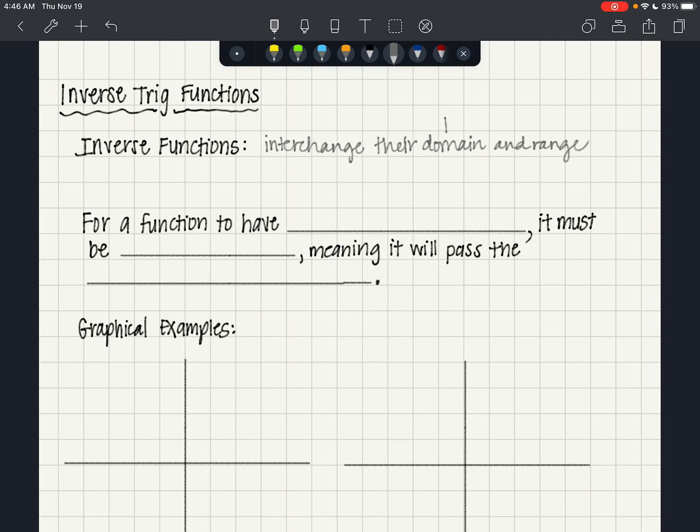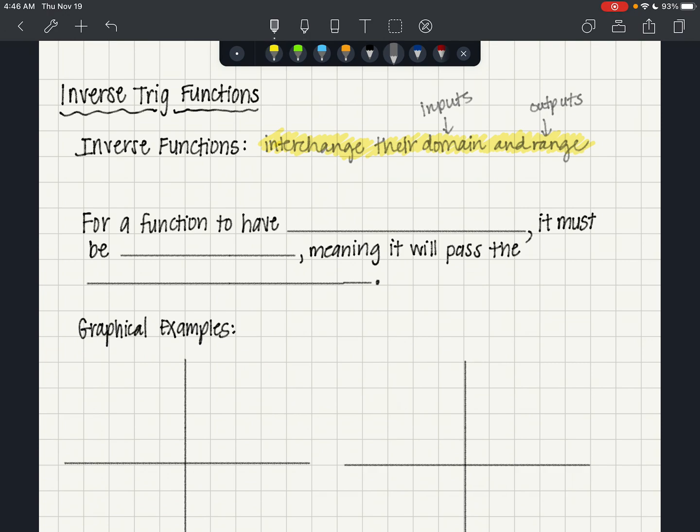So recall that domain is your inputs and range your outputs. That's really important, knowing that definition of inverse functions. And that's really going to be the crux of working with inverse trig functions.